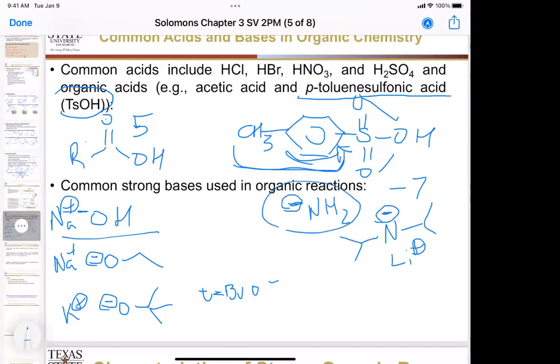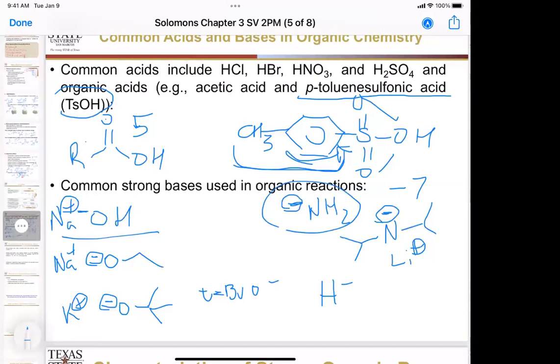And then the last base I want to talk about on this slide is that one. What in the heck's that? Okay, we have a hydrogen, but it has a negative charge. So imagine, if you will, hydrogen. It has one electron shell. It can put 2 electrons in there. When it's being transferred around as a proton, it doesn't take any of those electrons with it. It always uses the Lewis base's electrons.